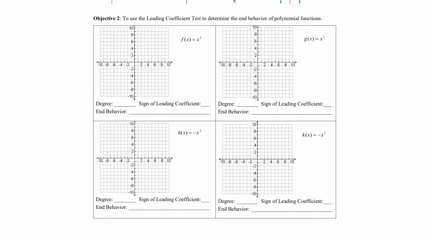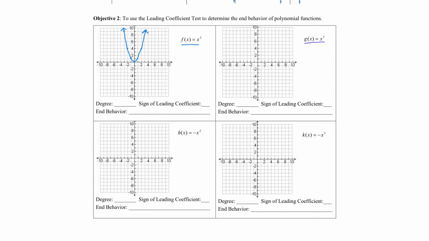So the quadratic, f of x equals x squared, we're well familiar with this one now. The reason I like to use these is because we know them well. So there's the graph of my quadratic, and now I'm going to graph my cubic function over here.